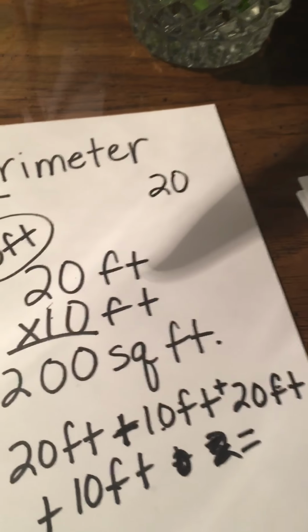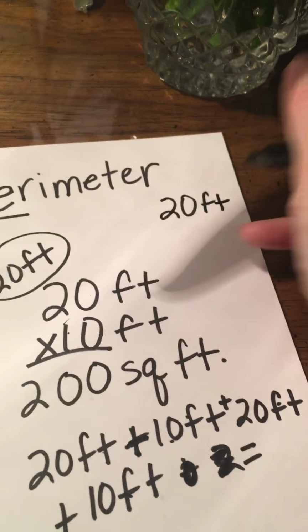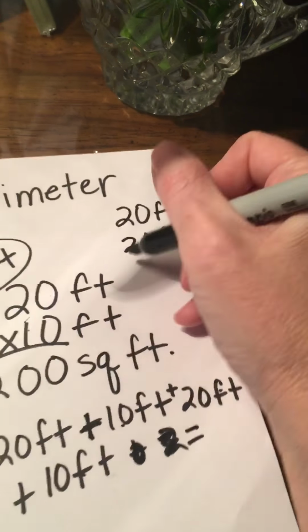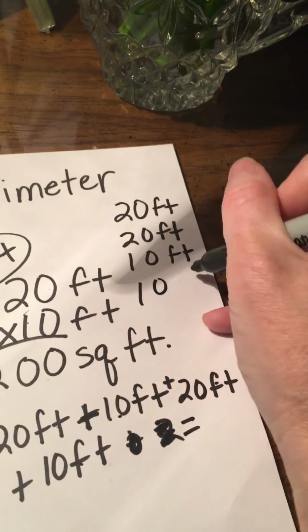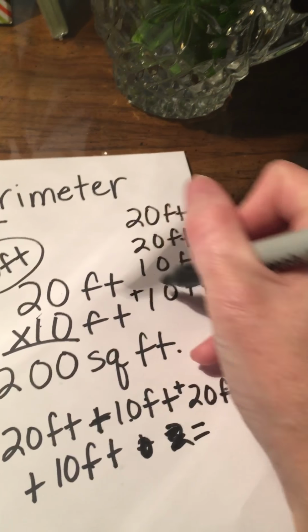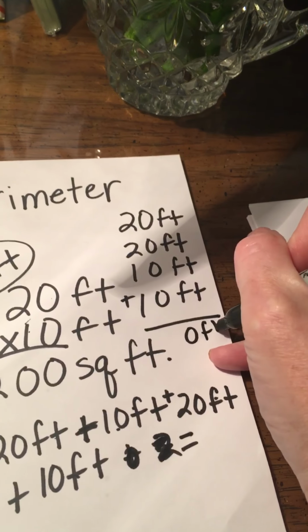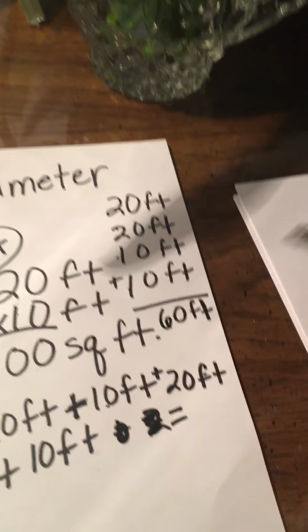I'm not going to try to add anything horizontally. So 20 feet and 20 feet and 10 feet and 10 feet. This way I'm showing my work. So all these zeros, right feet, 2, 4, 5, 6, 60 feet.